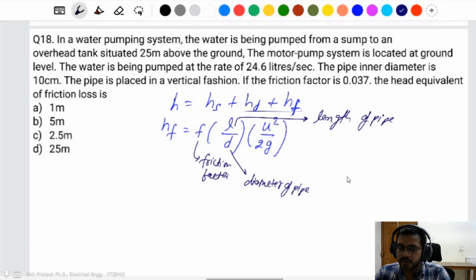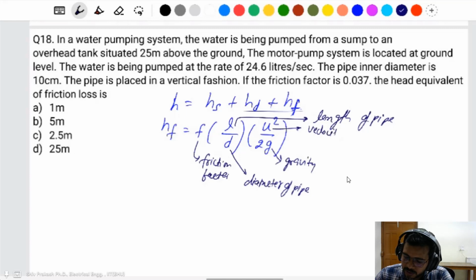But in the head we consider only the vertical pipe, while the length is the whole pipe length, vertical and horizontal both. That's why this is known as the length of the pipe. This is gravity. This will be the velocity of water, in meters per second, or you can also say liters per second.